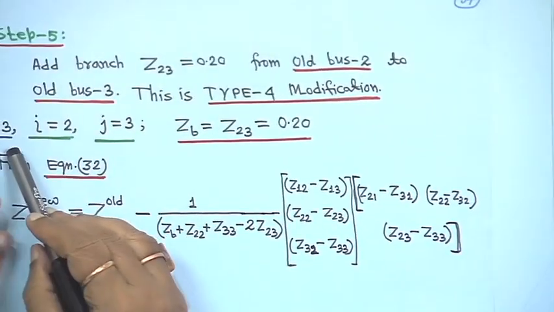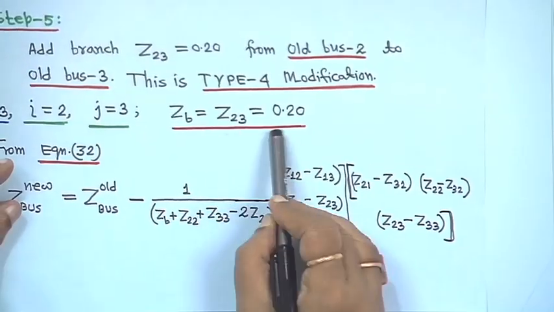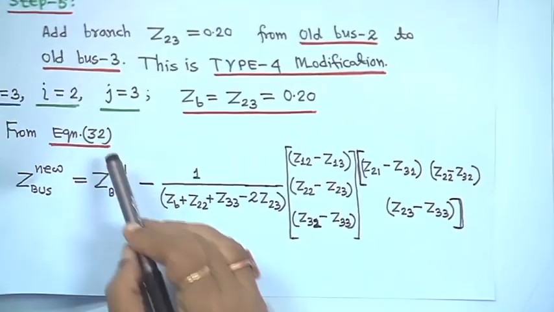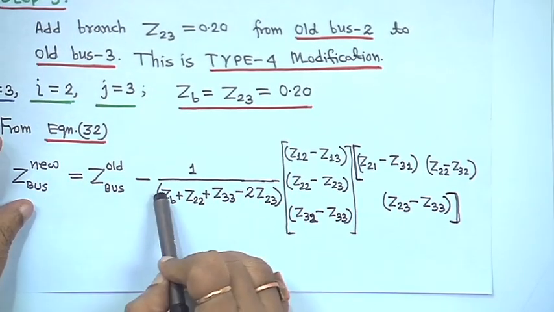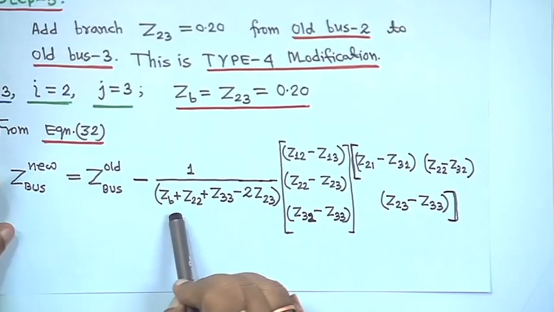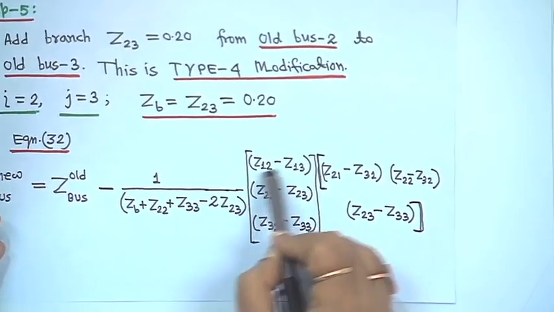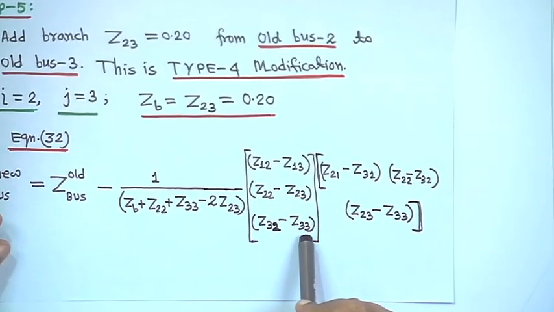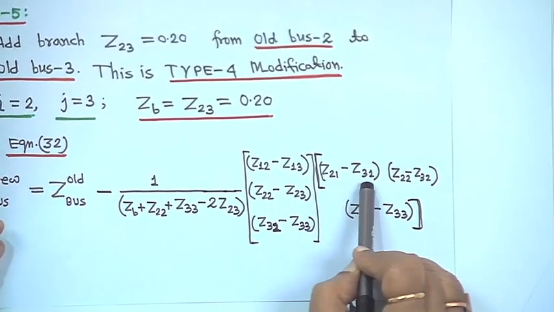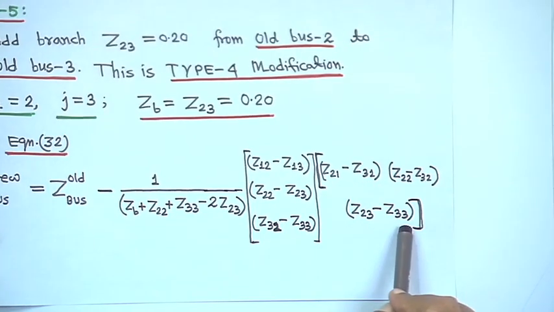So, n is equal to 3, i is equal to 2, j is equal to 3 and ZB is equal to Z23. So, equation 32, if we write like this: Z bus old minus 1 upon ZB plus Z22 plus Z33 minus 2 into Z23, and Z12 minus Z13, Z22 minus Z23, Z32 minus Z33 into Z21 minus Z31, Z22 minus Z32 and Z23 minus Z33.